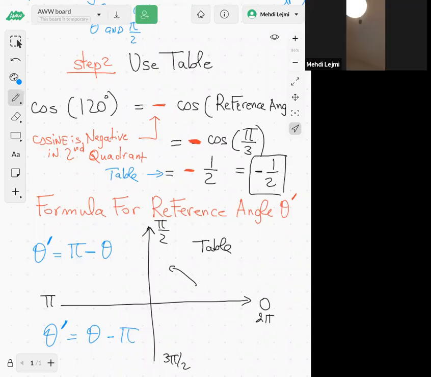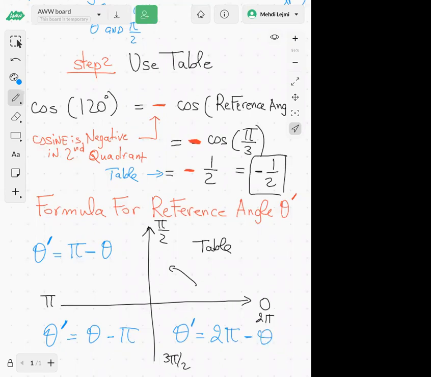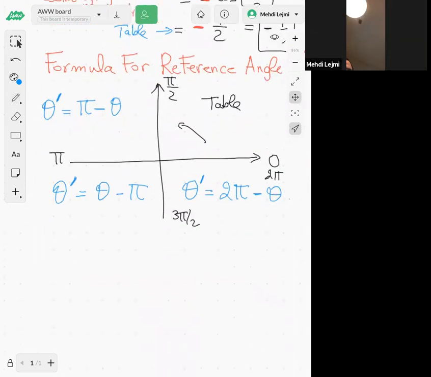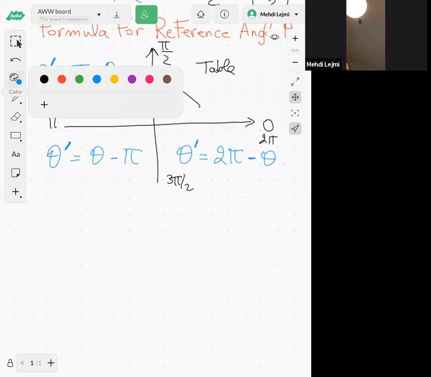When you subtract pi, you get something between 0 and 90. And finally, in the fourth quadrant, the reference angle theta prime would be 2 pi minus theta. Let me show you a couple of examples now, of how to use this reference angle in the third and fourth quadrants.